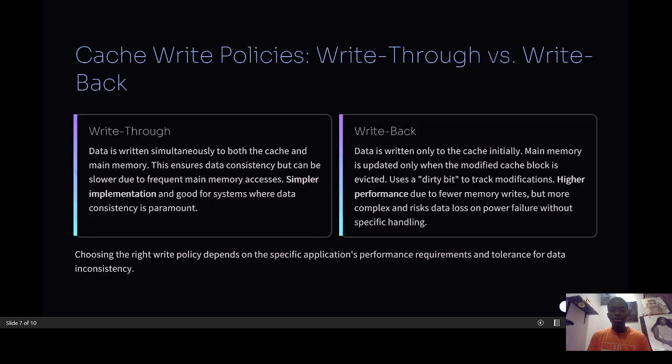So, cache write policy. Anytime the cache writes data, it has two main policies: write-through and write-back. Let's talk about write-through. Data is written simultaneously to both the cache and main memory.